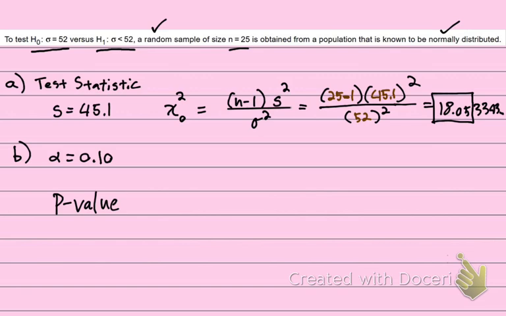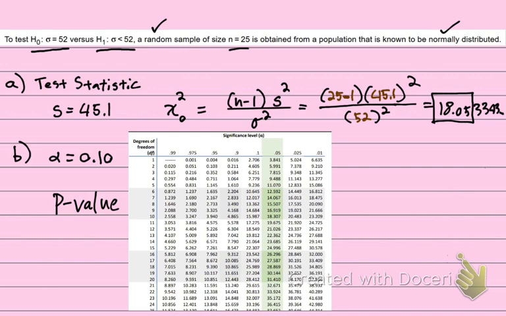Let me get that up. So here is the chi-squared table. Knowing that this is the area on the right-hand side, and that's not what we want because sigma is less than 52 was in our alternative hypothesis.